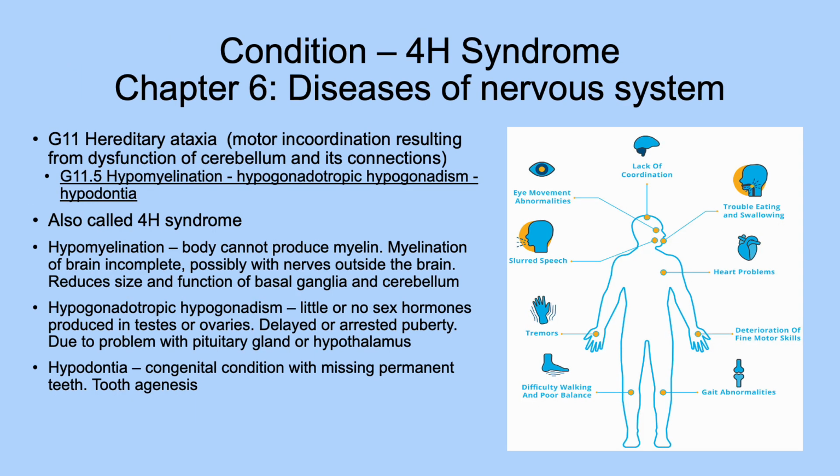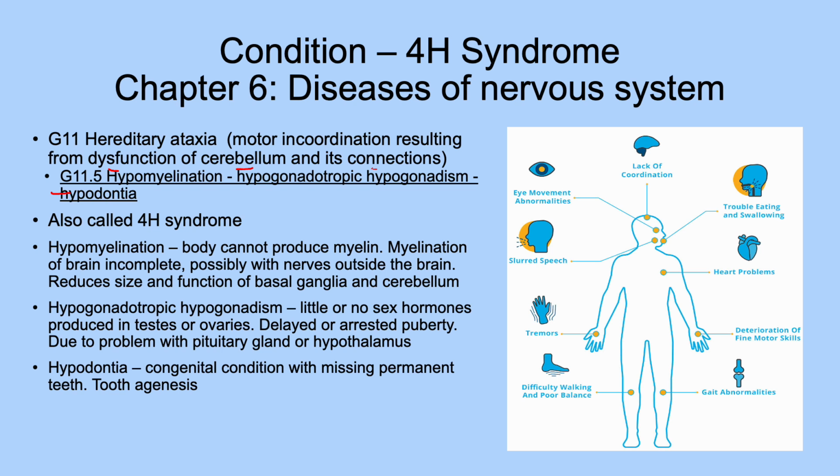Okay, there are also a number of changes to Chapter 6, diseases of the nervous system. Under G11, hereditary ataxia, there was a code added, G11.5, hypomyelination, hypogonadism, and hypodontia. This is also called the 4-H syndrome. So 1, 2, 3, 4.